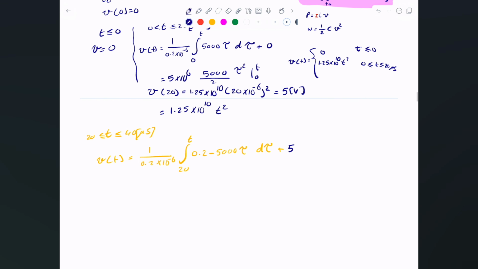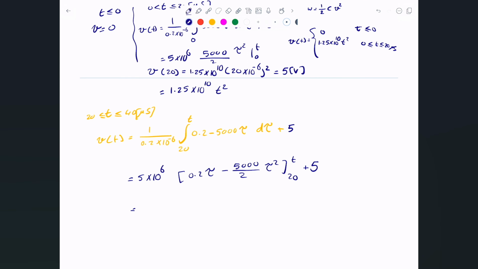All we have to do is just do the integral, and that's simply 5 times 10 to the power 6. And then, of course, we do the integral of, I believe it's 0.2 tau minus 5,000 divided by 2 tau squared. Then we substitute 20 in here, we substitute t, and plus 5, and we'll end up with the equation for that particular third range. That will be 5 times 10 to the power 6, and of course 0.2 t minus, I believe, 2500 t squared.